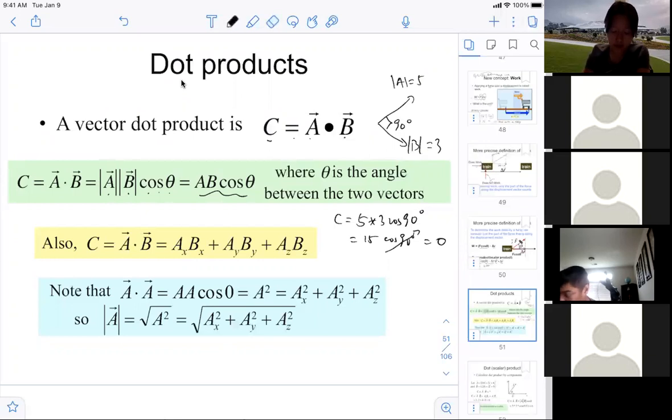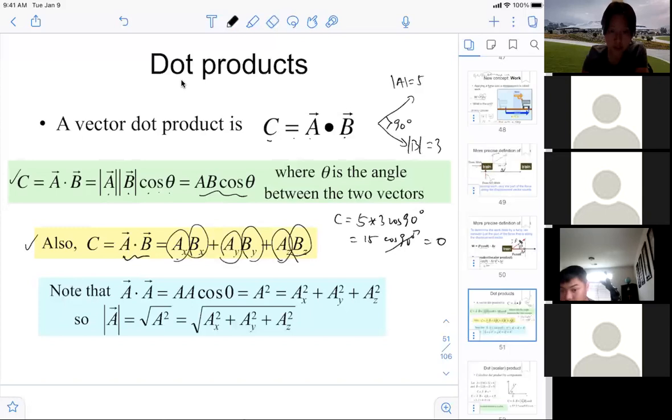There's another way to calculate the dot product, which is to multiply component by component. A is a vector, so it can have three different components. In Cartesian coordinates, it can have X, Y and Z components. The same for B. So when you do A dot B, you do the X component of A times the X component of B, plus the Y component of A times the Y component of B, plus the Z component of A times the Z component of B. Whichever equation you use depends on what information is already given to you.